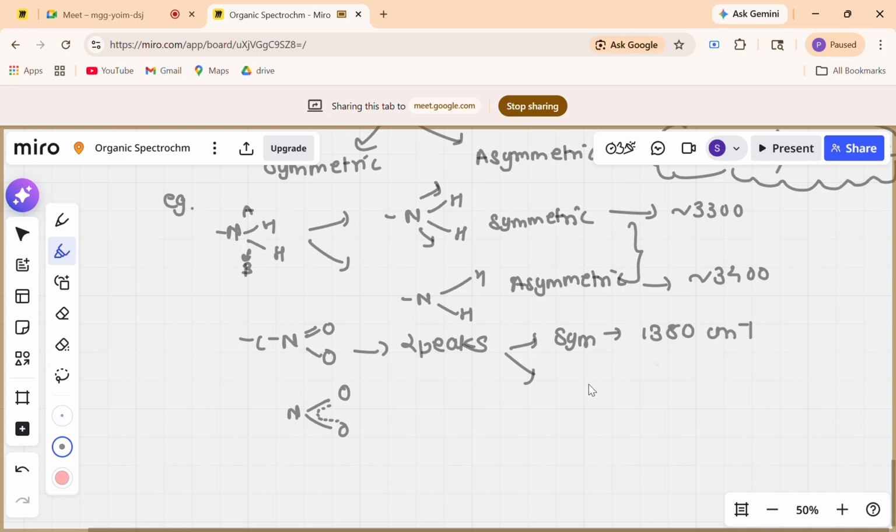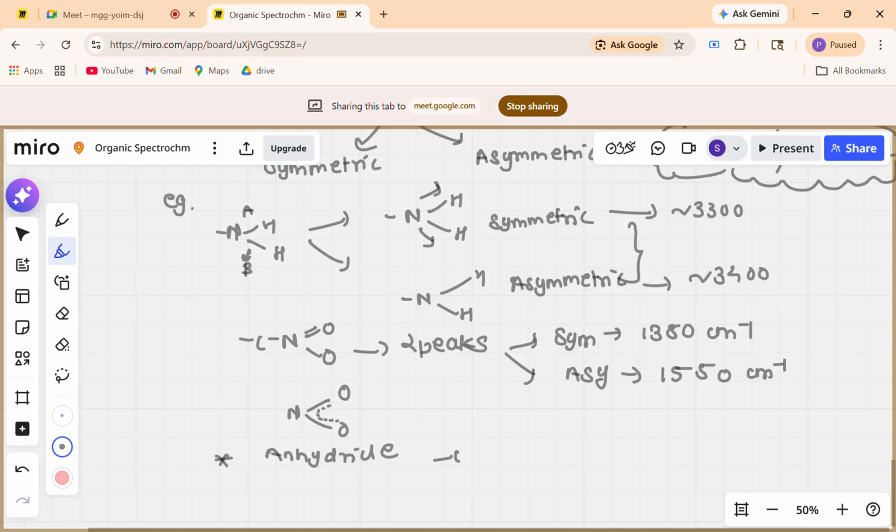One will be the symmetric stretching frequency, with a value around 1350 centimeter inverse, whereas in the case of asymmetric stretching the value is a little higher, that is 1550 centimeter inverse. So in this way you will observe the phenomenon when an atom is attached to identical atoms, I mean the nitrogen is attached here to two similar atoms, the oxygens, or when your molecule contains two or more identical atoms.